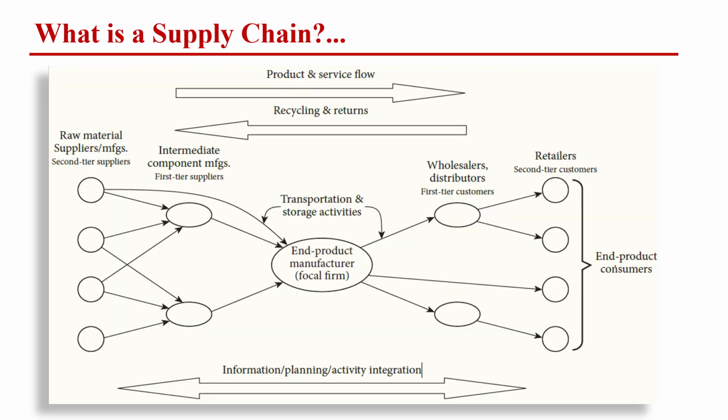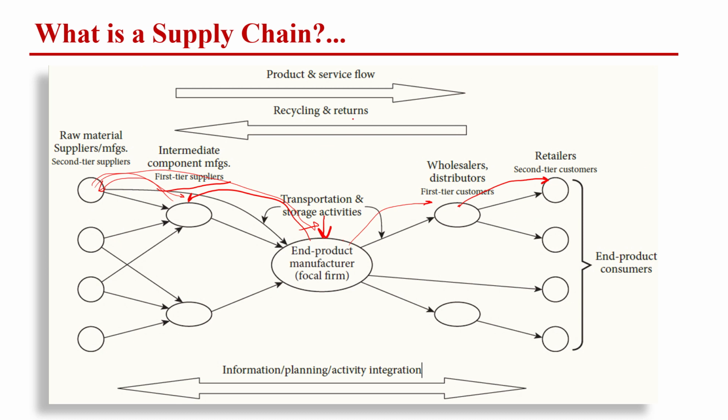In a whole picture, if this is our manufacturing firm, we have the first tier of suppliers, who are directly sending the material to us, and we may have the second tier of suppliers, those which are sending the material to our supplier or sending the material to our company. From our manufacturing company, we are sending the product to the wholesaler or the distributor, and from the distributor we are sending the product to the retailers. The retailers are sending the product to the customers, and so on.